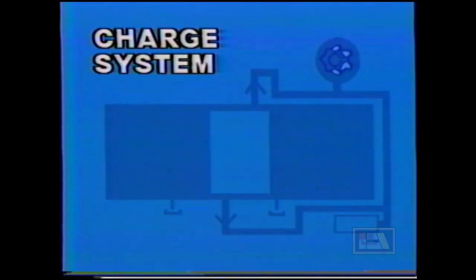Because of normal internal leakage, the closed-loop hydrostatic system will lose a certain amount of oil. The process of replenishing that oil is the job of the charge system. A charge system consists of some very simple components.